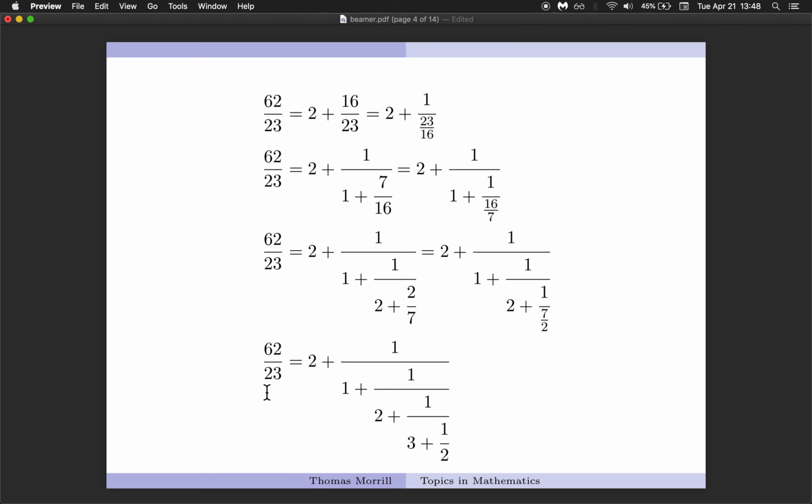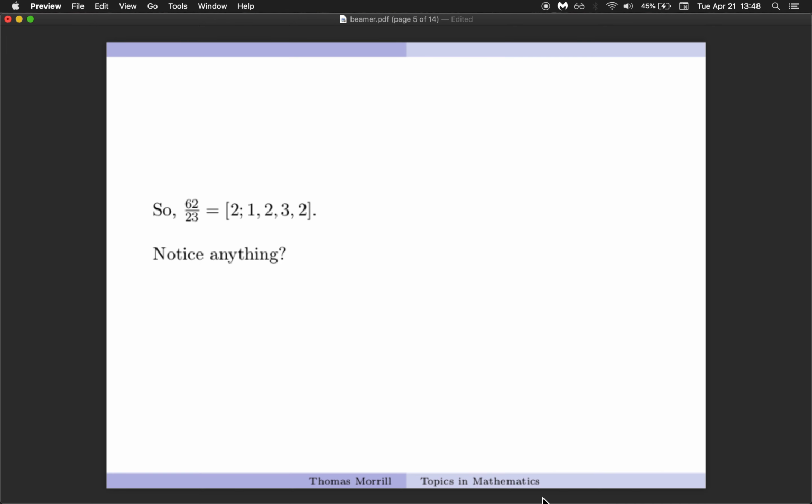My continued fraction representation is to say that 62 on 23 is equal to the integer 2 plus 1 divided by 1 plus 1 divided by 2 plus 1 divided by 3 plus 1/2, which is 1 on 2. So these are going to be the numbers in my continued fraction representation.